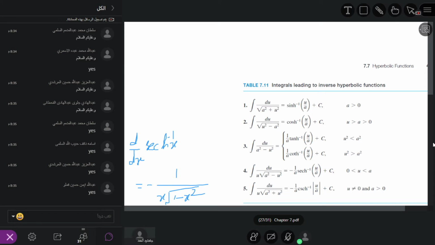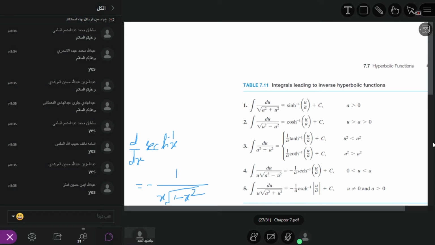Now here you can see minus on the left side, so this minus changes to the other side. So we can write the derivative of minus sec hyperbolic inverse x is equal to 1 over x square root of 1 minus x square.